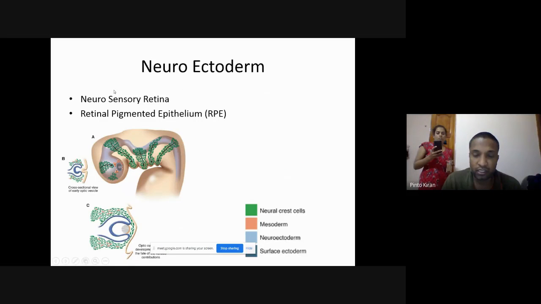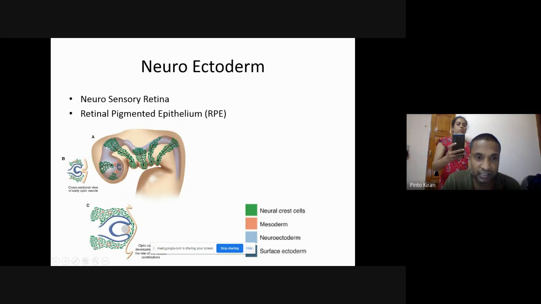Once they are differentiated, you have to remember the eye development starts at the 22nd day. And normally, suppose this is the forebrain. In the forebrain, the first part to appear in the development of the eye will be the optic vesicle. Okay, this is the optic vesicle.